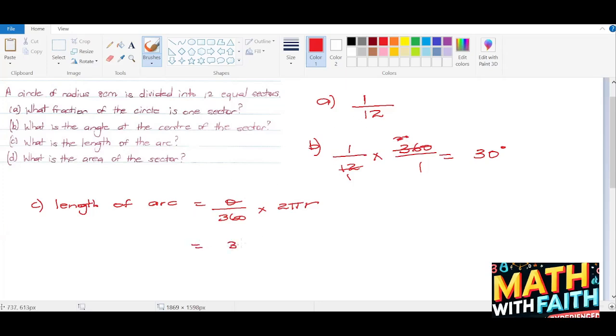Theta is 30 out of 360 multiplied by 2 by pi, which we will use as 22/7, by r, which they said is 8 centimeters, right? And what is 30 out of 360? 3 into 3, 1. 3 into 36, 12. So theta out of 360 is just telling me the fraction of the circle that we are looking at. So it's 1/12 of 2 by pi by 8.